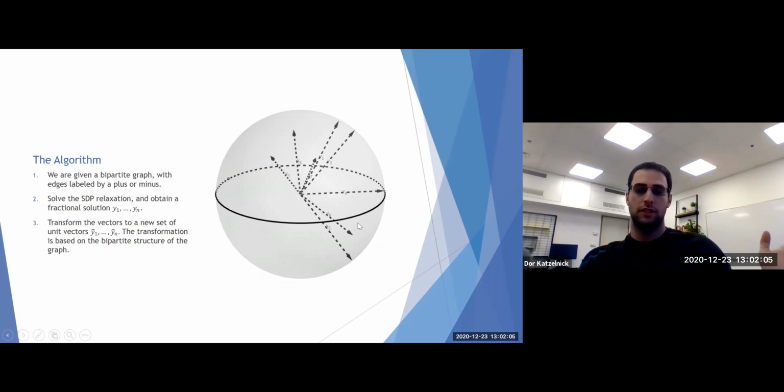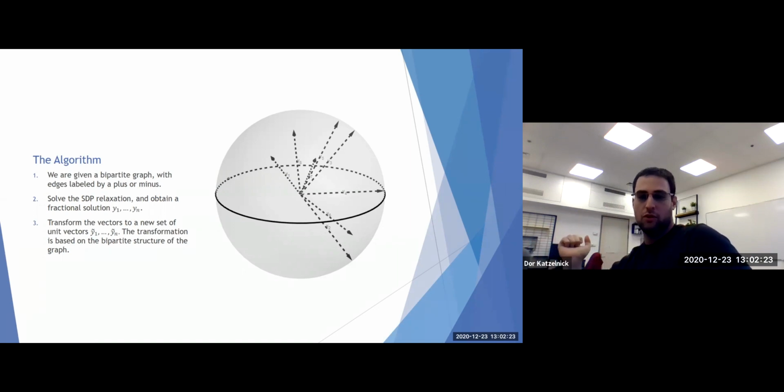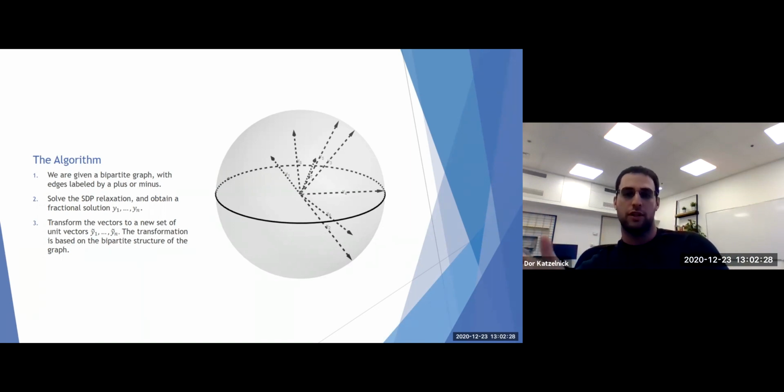And now we just want to somehow cluster them into clusters. So if you think about it, what is the most natural thing to do if you want to cut a ball into two halves? You can just take a knife and cut it through the middle. And this is exactly what we're going to do. We're going to take a random hyperplane that goes through the origin, and it will split this sphere into two parts, into two hemispheres.